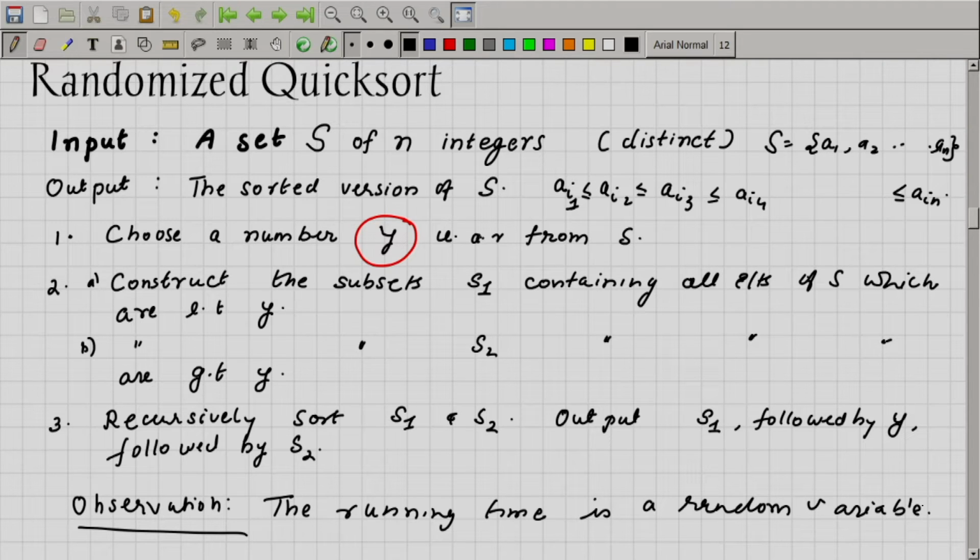Now, when we say that the running time is a random variable, does it depend on the initial set of integers, or does it depend upon the choice of y? You can see that it is just a function of the choices that we make inside the algorithm. It is not really dependent on the input integers.